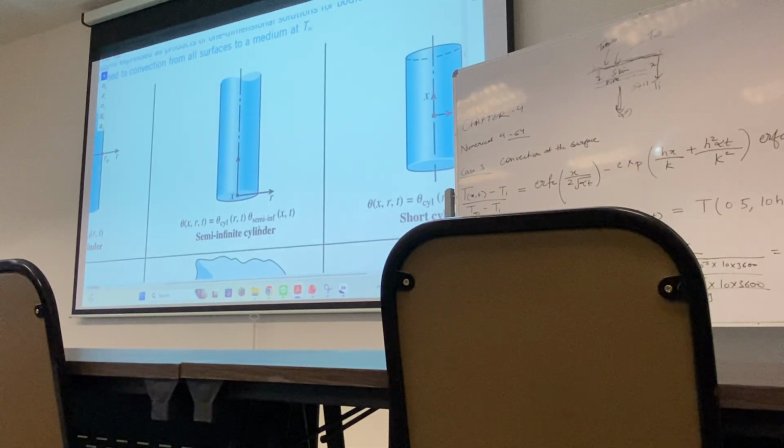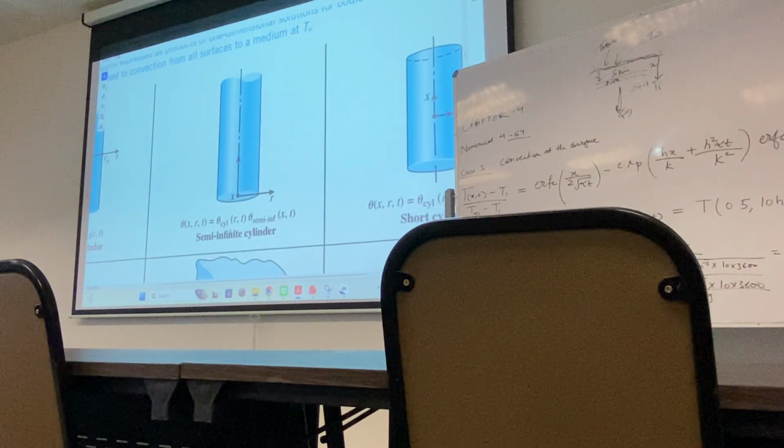So this, we just finished. You can study it by first heat transfer in only the R direction and then X direction, and then just multiply them. This is semi-infinite. Okay, it's going infinitely. In X direction it is going infinitely. In R direction it is not infinite.